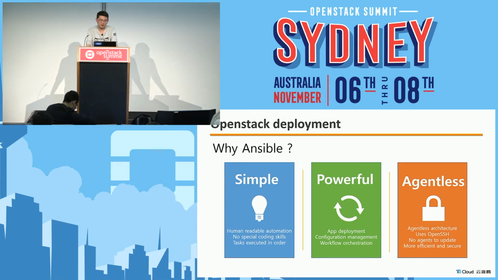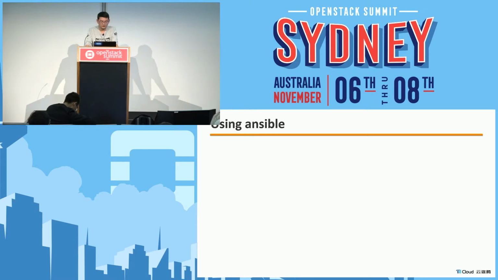Finally, Ansible is completely agentless. It relies on the industry standard and trusted SSH protocol to automate. There are no agents or other software installed on the system where you are automating. Now I will show you how we use Ansible in our environment.